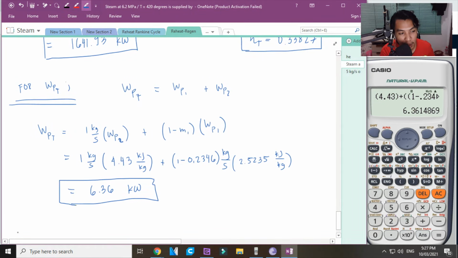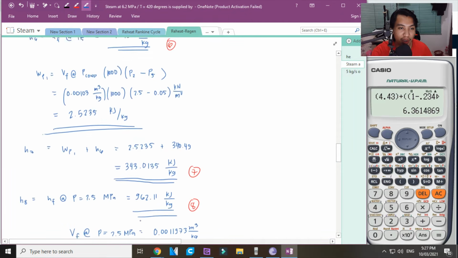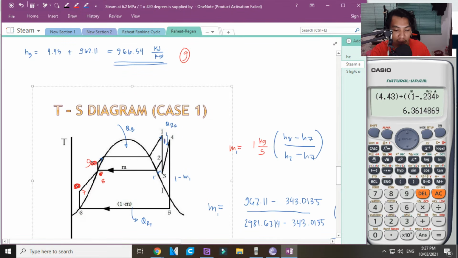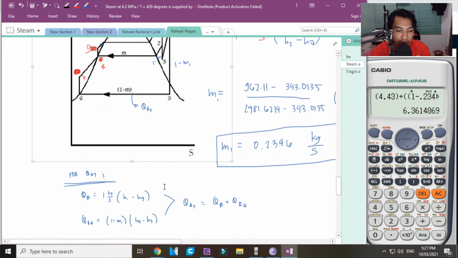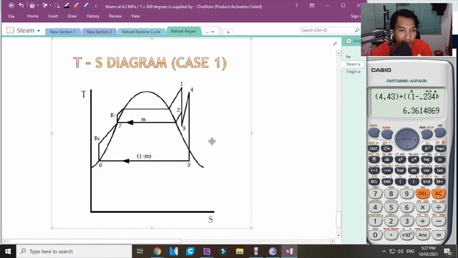Sir, paano naman sa work ng turbine? For turbine work, mas magandang basihan to. Magdodrawing pa ba ako dyan? Hindi. Pakita ko kayo ng kung paano. Meron pa isang technique dyan. Sa TS diagram ka lang babase. For the TS diagram, i-determine mo yung work ng turbine.